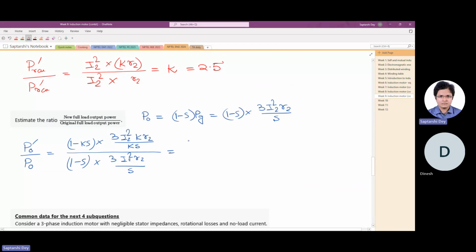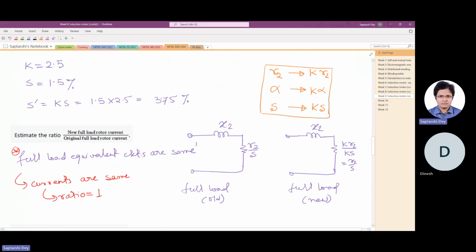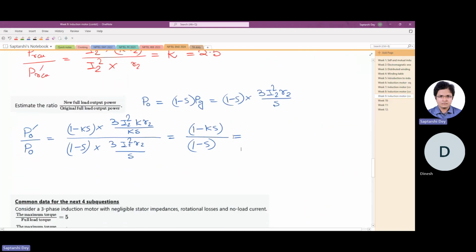What we are left with is 1 minus Ks by 1 minus S. Ks we found out some time back, 3.75%. So 1 minus 0.0375 by 1 minus S, where S was 1.5%. So this will give you some 0.978.